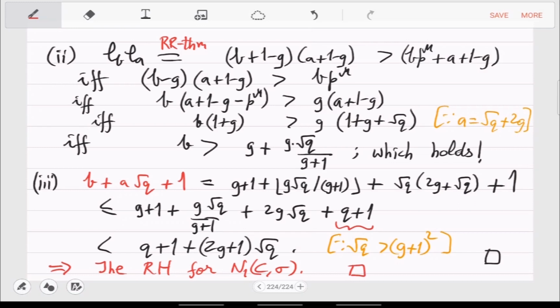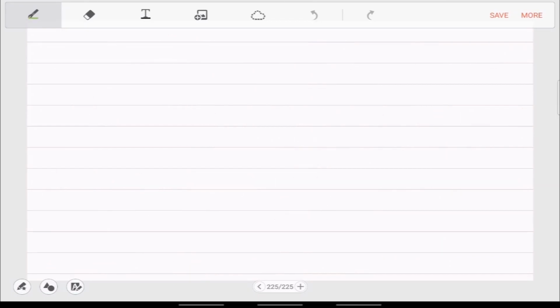And then from N1C sigma you can go back to the reductions, and for all curves it's proved. Correct. So you can just state it.